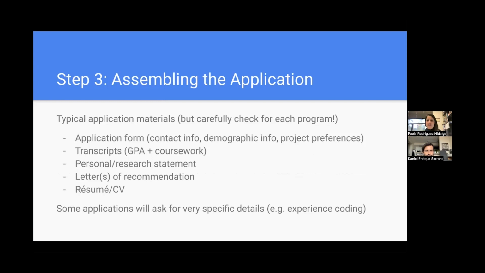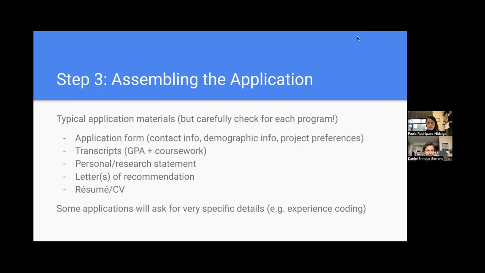So in assembling the application, the typical application materials, although you definitely should check with every site because they might have some special things that they want from you, are the application form, which has a lot of the contact information, who you are, what projects you are interested in, and some other, again, tailored questions maybe. The transcripts, your GPA, and any coursework that you have done, typically which classes on physics and astronomy you have taken that are relevant for the REU experiences.